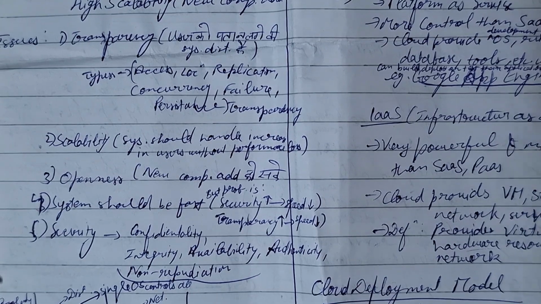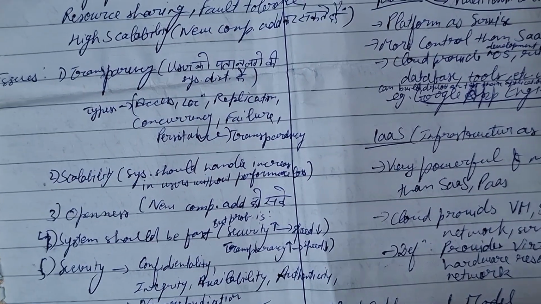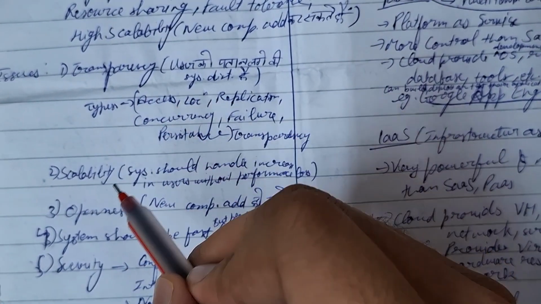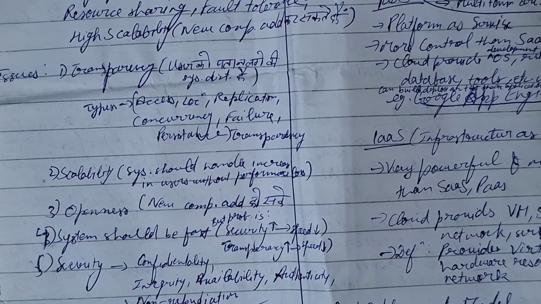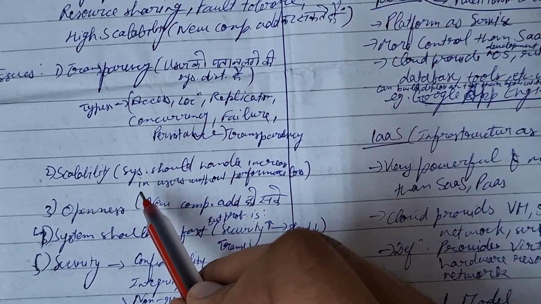Issues with distributed systems. The first one is the transparency issue. We try to ensure that a user using our distributed system cannot know whether he is working on a single computer or multiple computers are working behind the scenes. Second one is scalability.